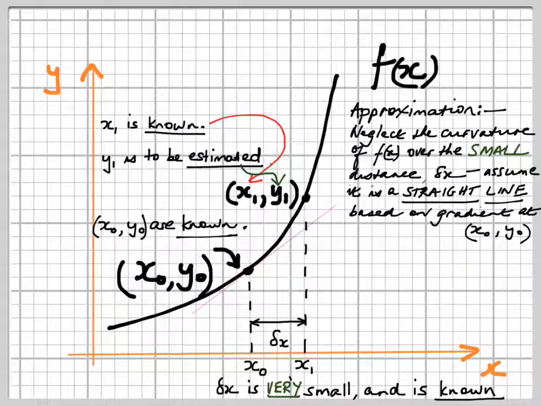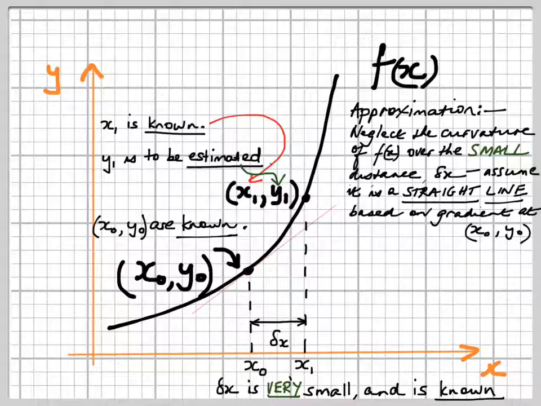In other words, if you were to follow your eye along from x0 and y0 along the path of that tangent line, where you see that little pink tangent line intersecting the vertical dotted line coming down from x1, that is the spot. That intersection spot is where we're going to guesstimate that y1 is, where it, of course, isn't, but that is our approximation technique.